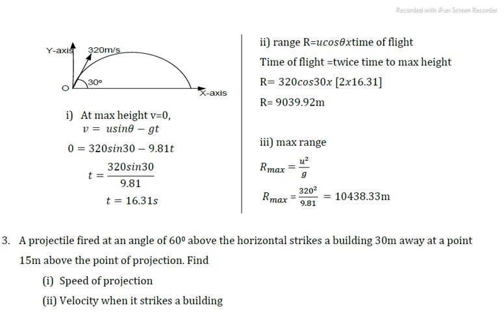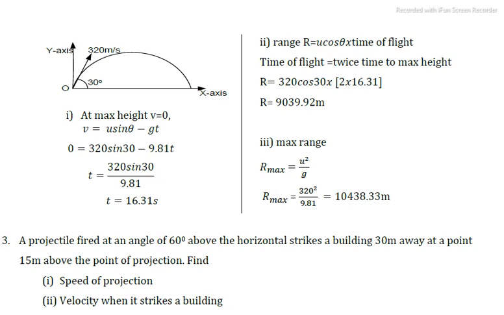For the maximum range, remember we had the condition for maximum range, whereby from range equals u squared sine 2 theta over g, we say that for us to get the maximum range, sine 2 theta must be equal to 1, meaning that theta has to be 45. And that's why if you are throwing a stone and you want it to travel a longer distance, you normally bend. You are bending to look for the 45 degrees that could give you the maximum range.